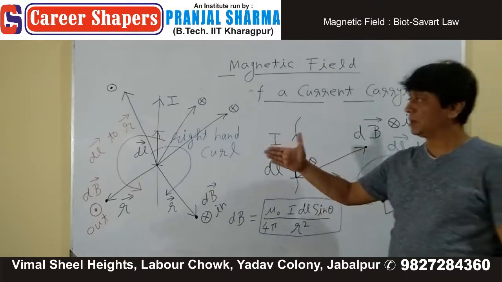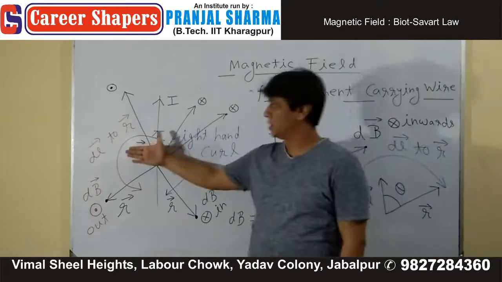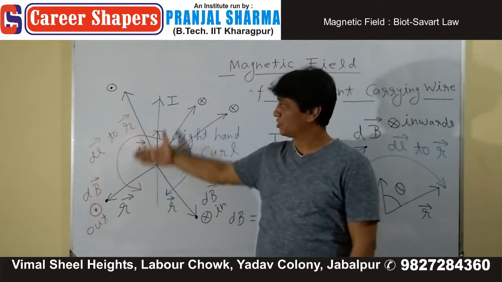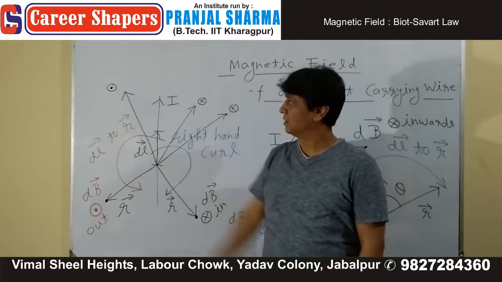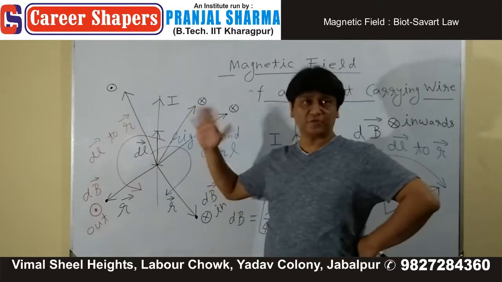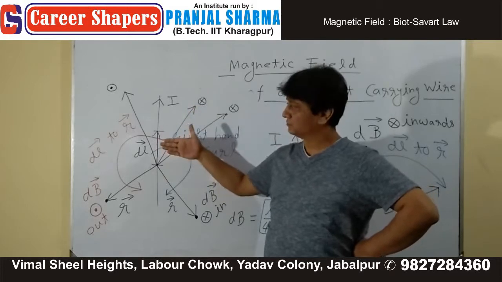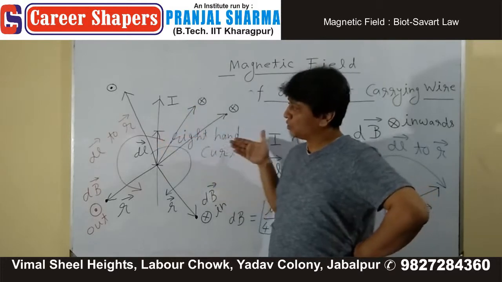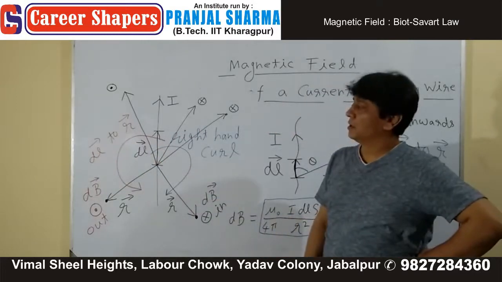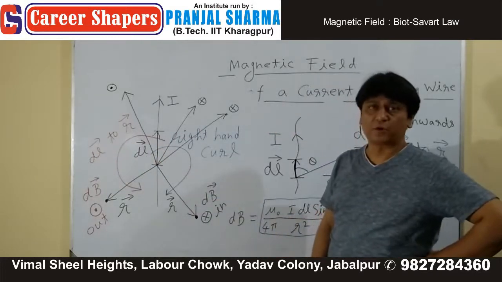Place right hand thumb in the direction of current flow, and rest of the fingers towards that side where magnetic field is required.